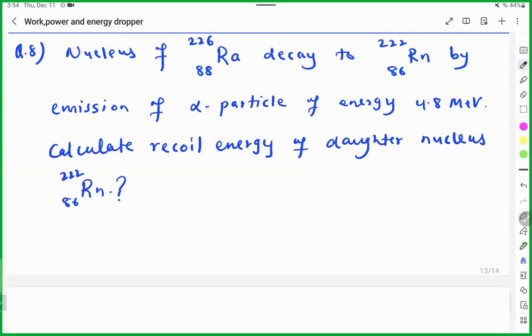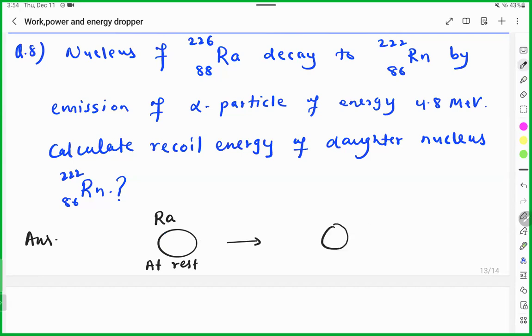So focus on what is happening in the question. According to the question, you have a radium particle. When it decays, it is at rest. When it decays, what will happen? There will be a radon nucleus and an alpha particle.